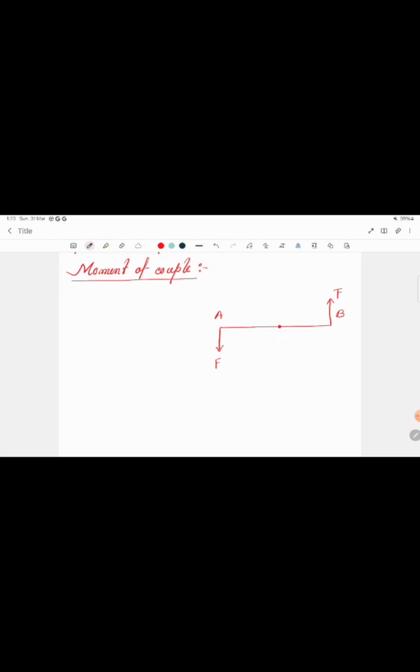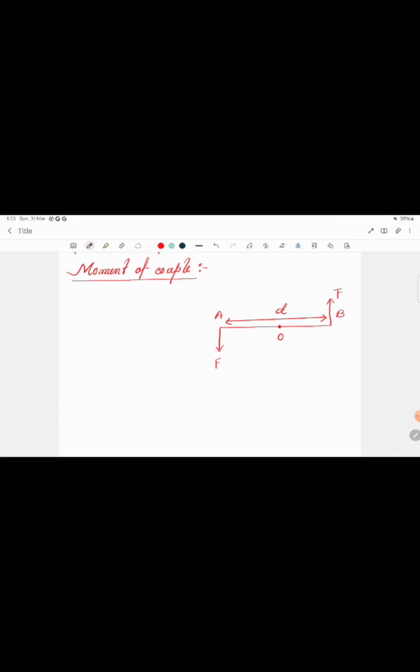At this point we are taking the midpoint, suppose O. What about the distance between the applying forces at the two points A and B? Suppose the distance is small d.